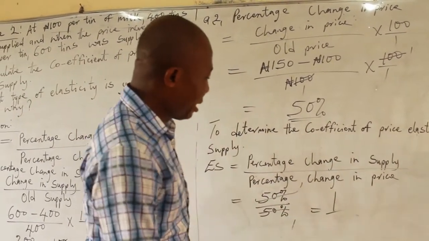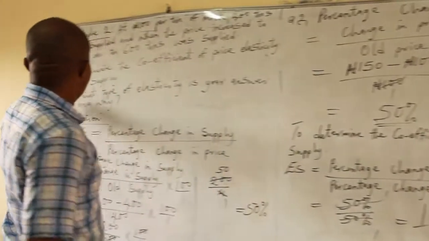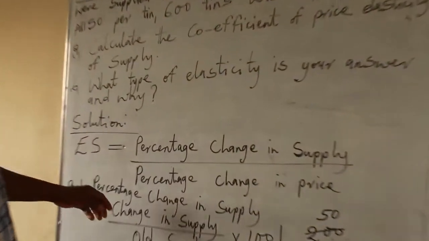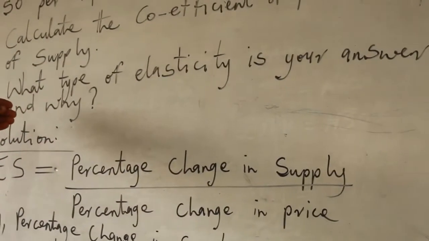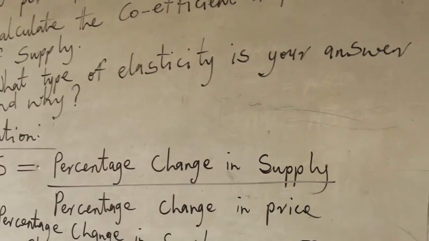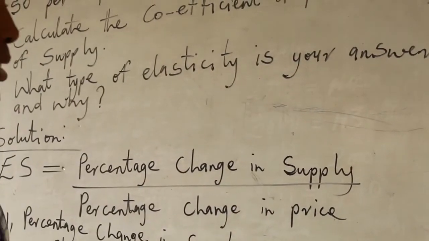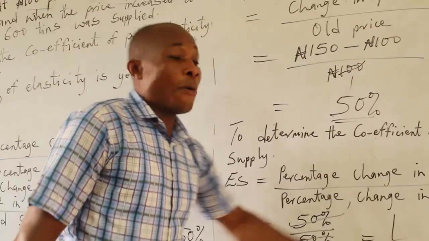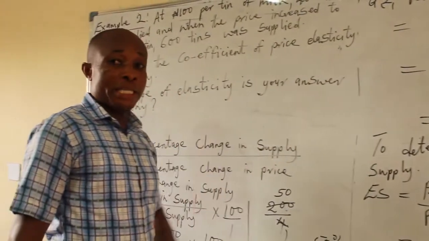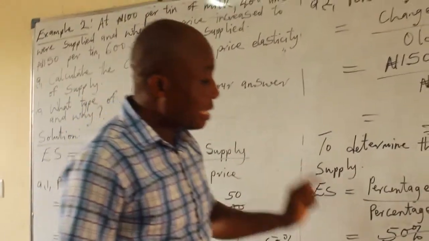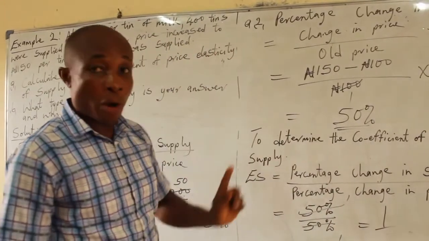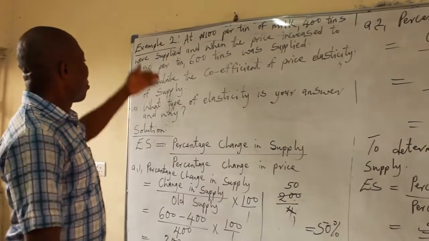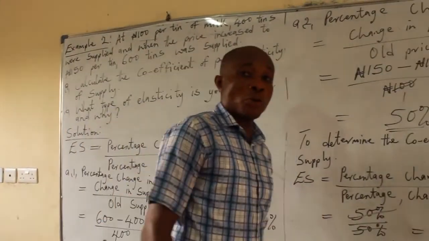According to the elasticity of supply, and our question in B, where we are asked to determine the type of elasticity, our answer is, by virtue of this 1, our elasticity is unity. Because in elasticity of supply, once it is 1, it is unity. And we are asked why, because it equals 1.